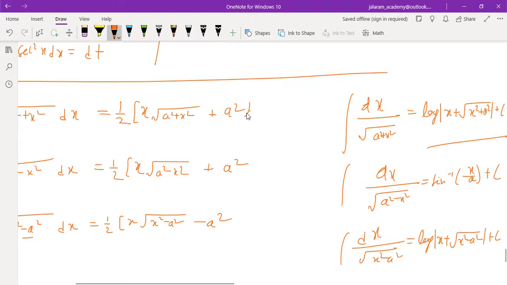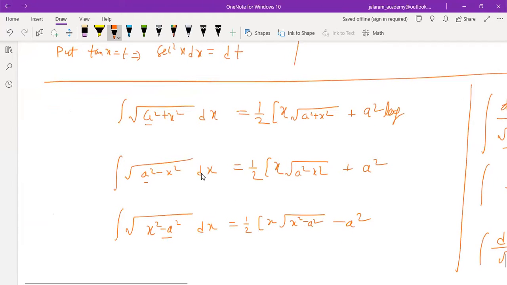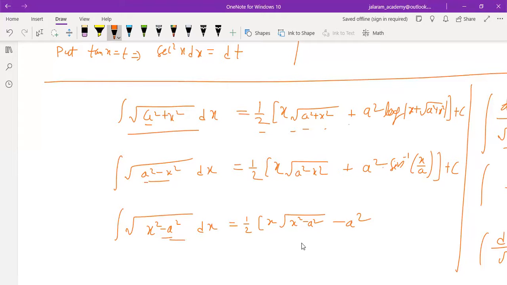So we can write first log this integration only. Whenever there is integration of root a square plus x square, it is half x root a square plus x square plus a square log x plus root a square plus x square, close the bracket, plus c. In the integration of 1 upon root a square minus x square, this is the learning technique only. Root x square minus a square is also log x plus root x square minus a square plus c.